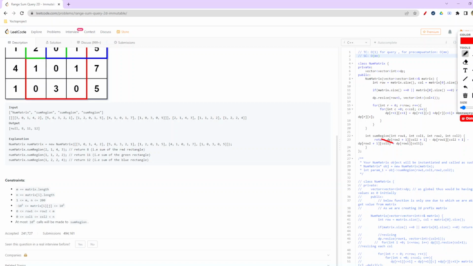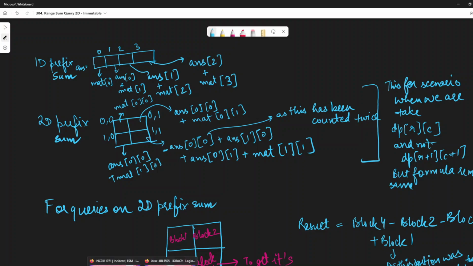Now before moving ahead, let me give you a brief about how this comes up. For 1D prefix sum, yesterday's question was about 1D prefix sum only.